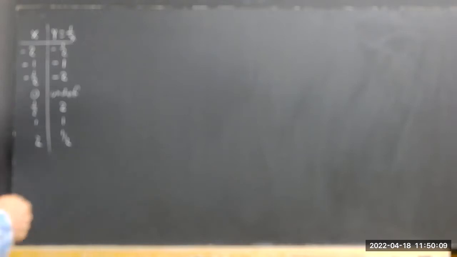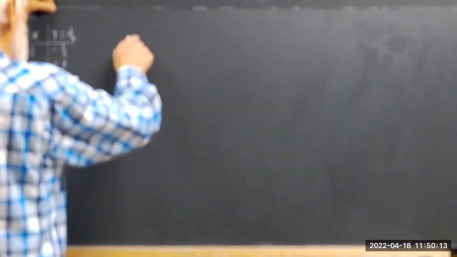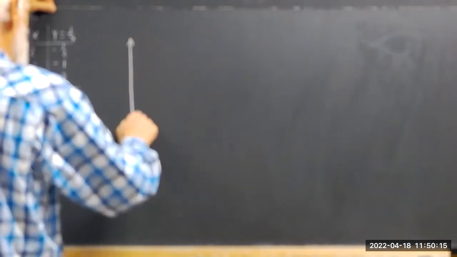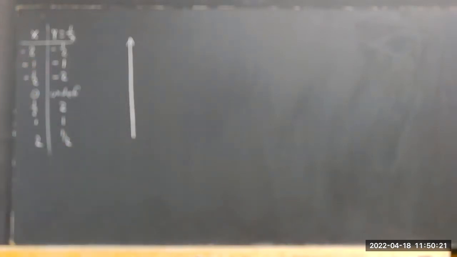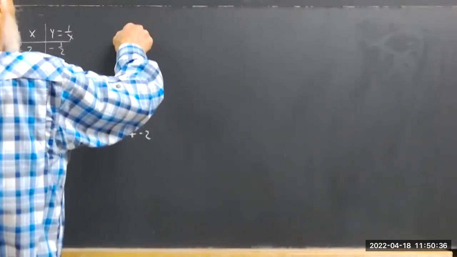Okay, well, I'm going to draw this graph. Now, I noticed that my numbers get as low as -2 and as high as 2, right? Okay, so I'm going to have -2 down here, and I'm going to have 2 up here. Okay, and this is going to be my y-axis.